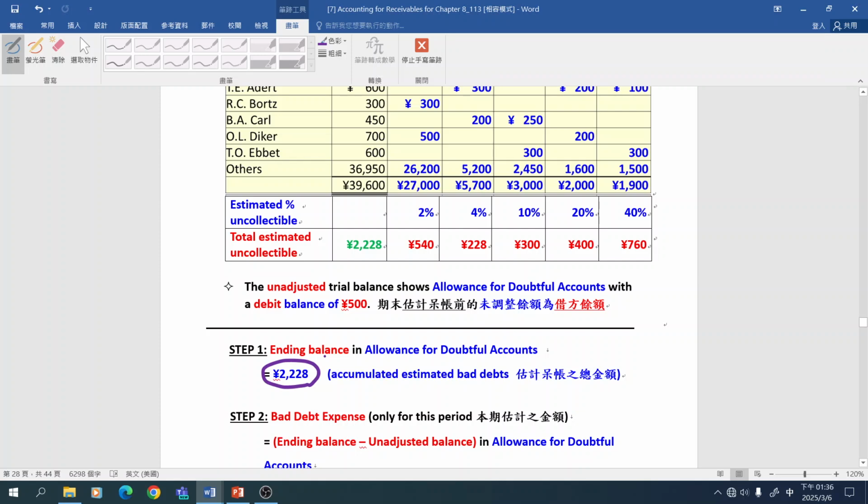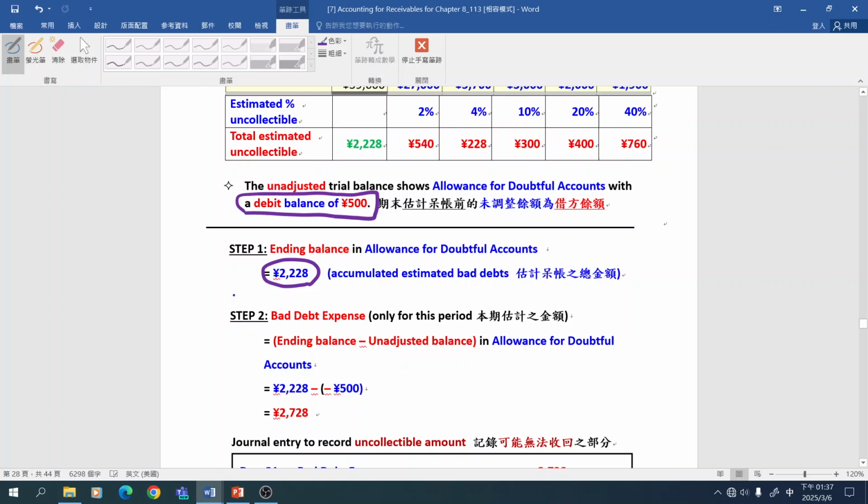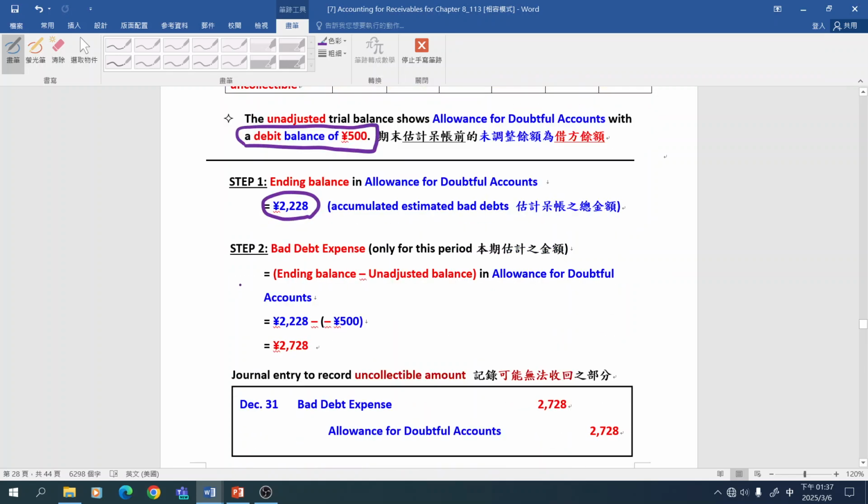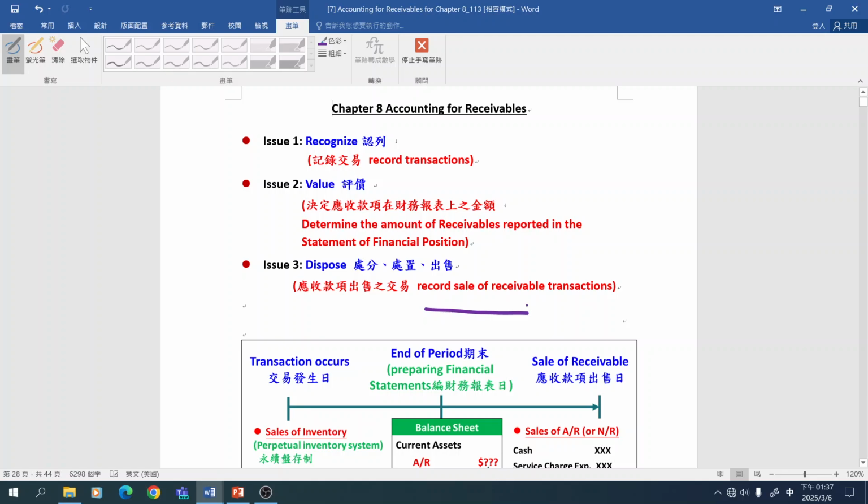This is the total accumulated loss we expect, right? Then what's step 2? We should find out the amount we need to estimate this year, right? Based on the debit balance, we have $500 in our accounting books already. Okay? It's easier if you use the T account.